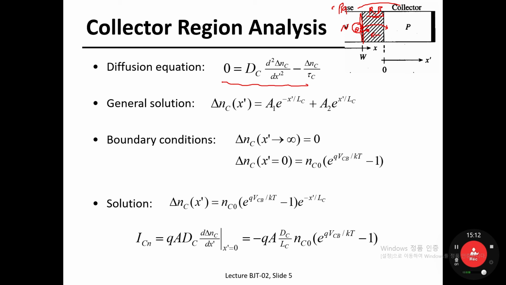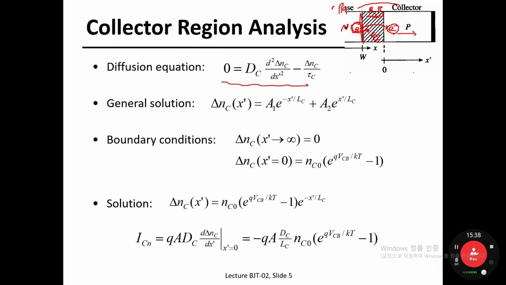And since a built-in electric field formed in this depletion layer helps those electrons to be drifted toward the p side, in the end this electron movement can be observed. And once the electrons arrive in the collector region, they are going to be diffused out.